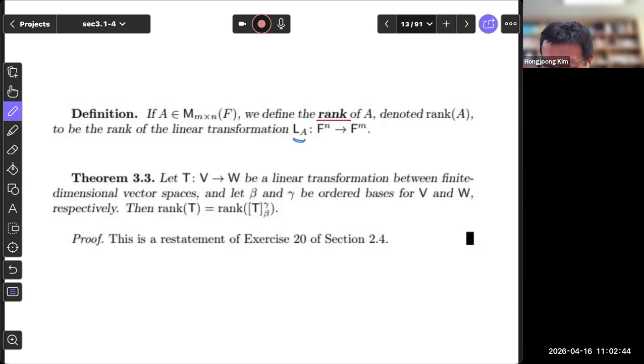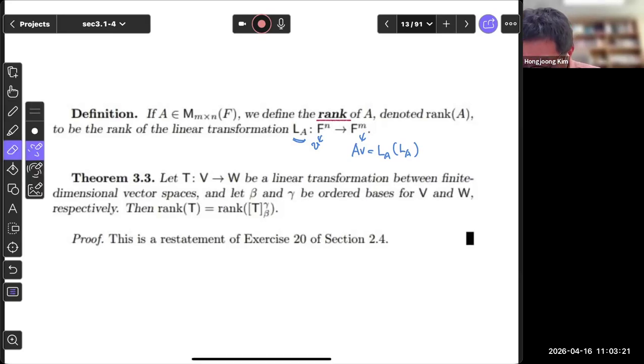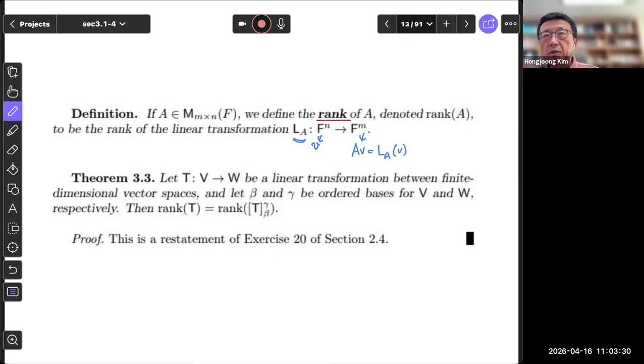That means given any vector V in F^n, the image is A times V. So A times V is the image of V under L sub A, and the rank of the linear transformation L sub A is just counting the dimension of the range of this transformation.